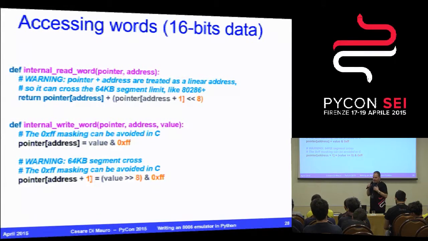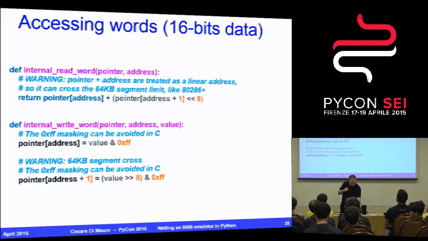The 86 is a little endian processor, which means when you have to save a word, a 16-bit value, you first save the low byte of the word and then the high byte in the next location. That's basically what I do when I read or write a value, and I use those functions for that.